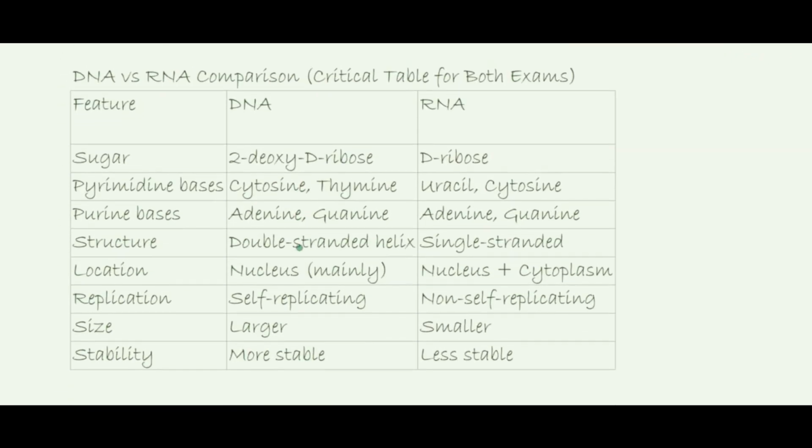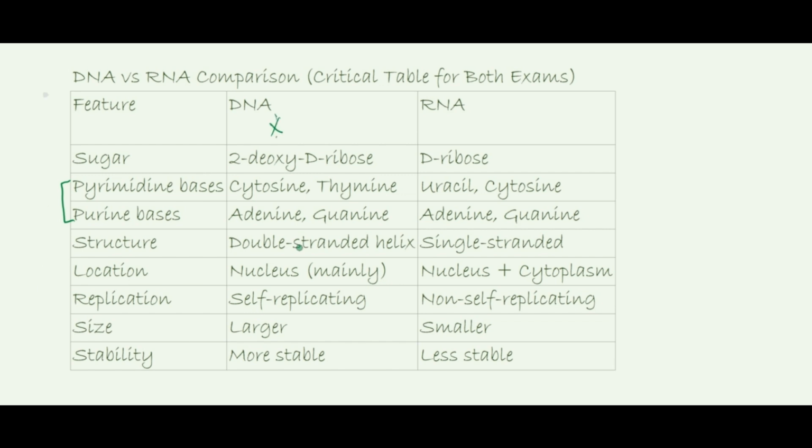Then, what is the difference between RNA and DNA? These are the general differences. The most important point is what pyrimidine bases and purine bases are present in DNA and RNA. First, DNA means 2-deoxy-D-ribose.